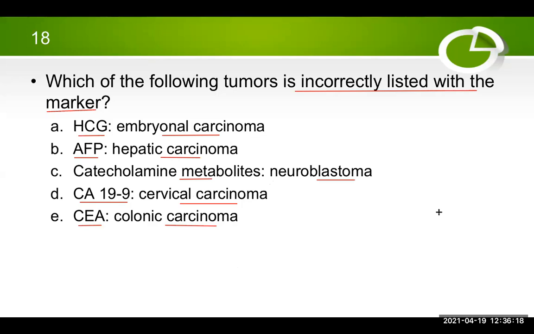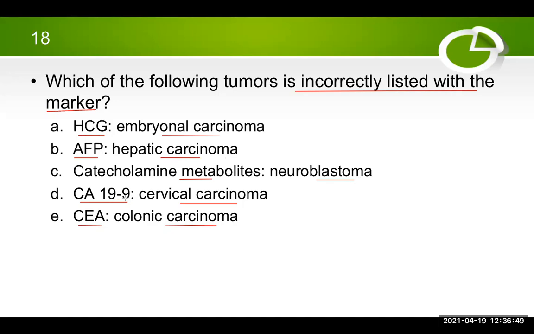Is absolutely correct here. Now see, beta HCG is associated with hydatidiform mole, choriocarcinoma, and any other germ cell tumor. Embryonal carcinoma is a type of germ cell tumor. Alpha fetoprotein with hepatocellular carcinoma, catecholamine metabolite in neuroblastoma, because this tumor is derived from the adrenal gland.